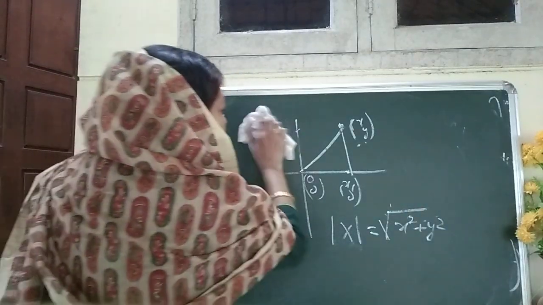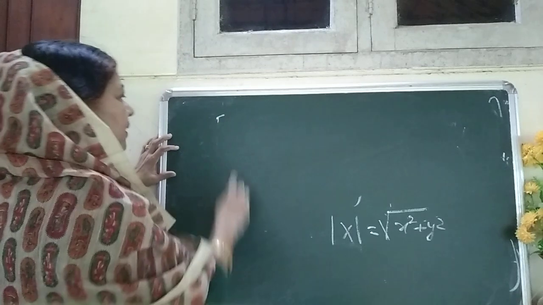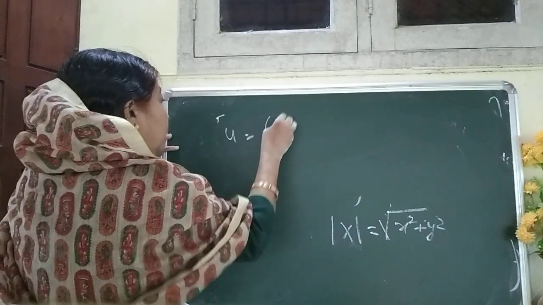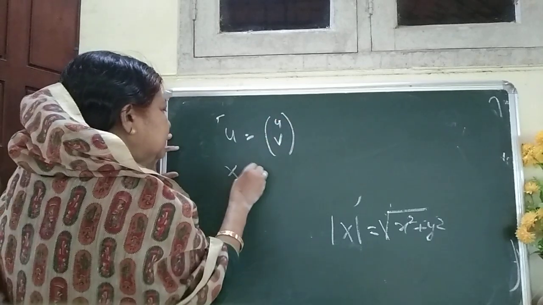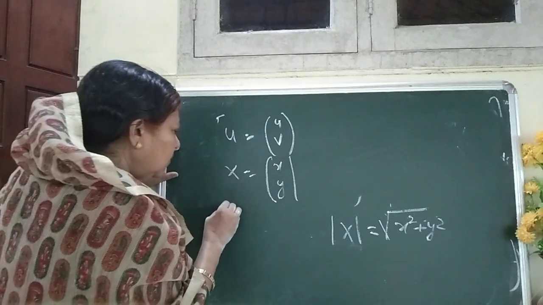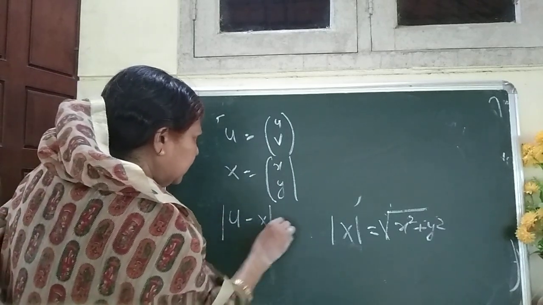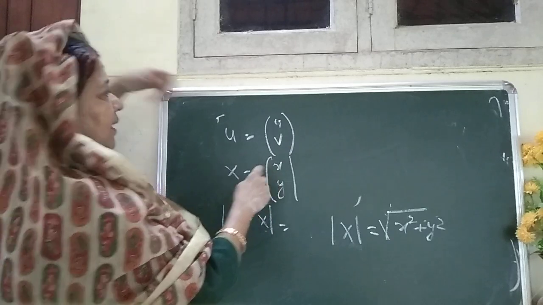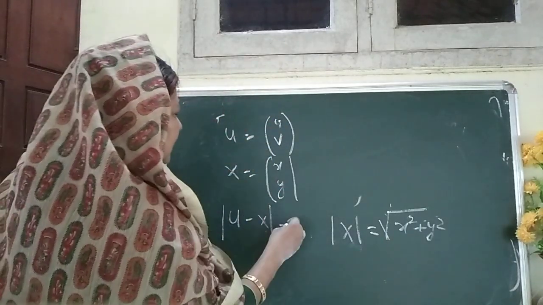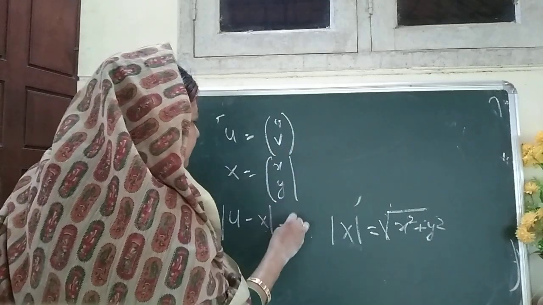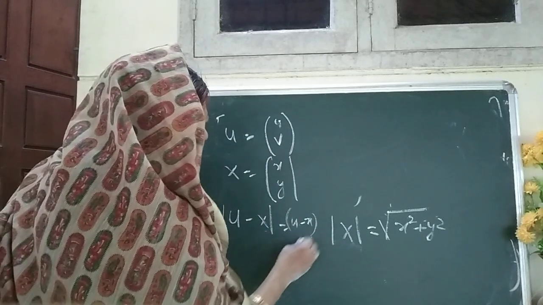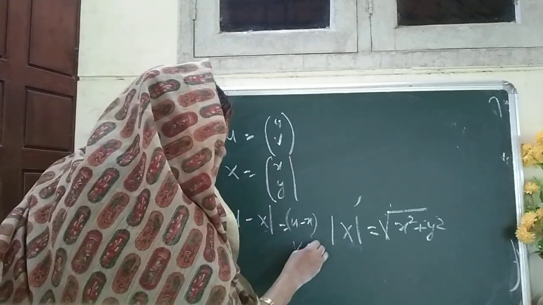Sometimes it is two vectors. So maybe say u equal to (u, v) and capital X equal to (x, y). Then modulus of u minus x, we know u minus x is the vector (u minus x, v minus y).